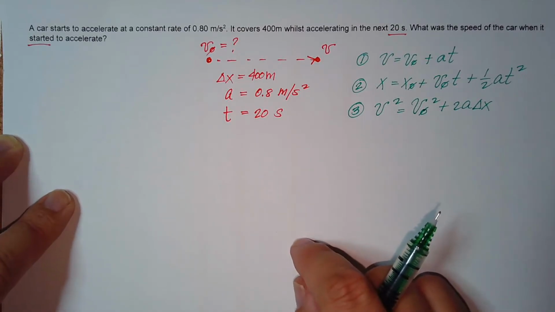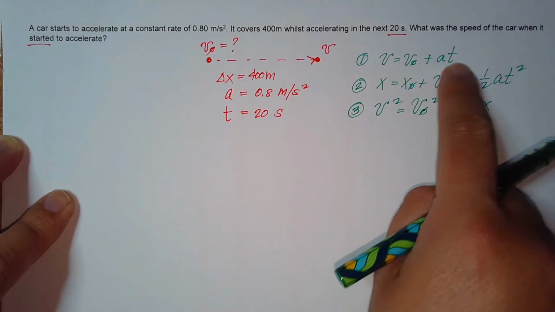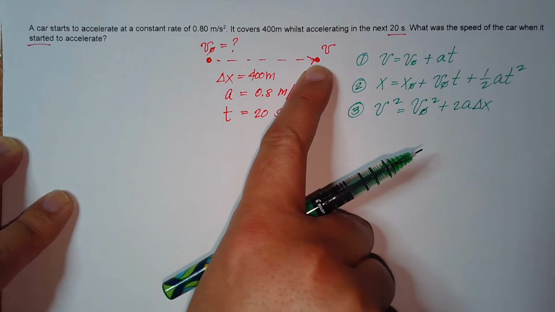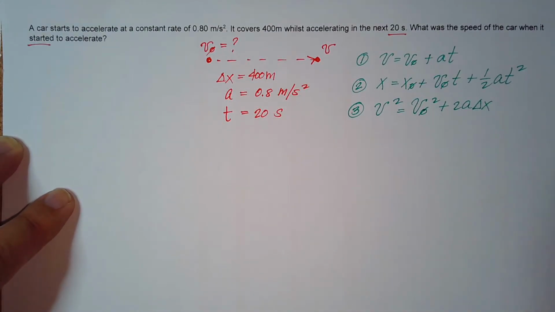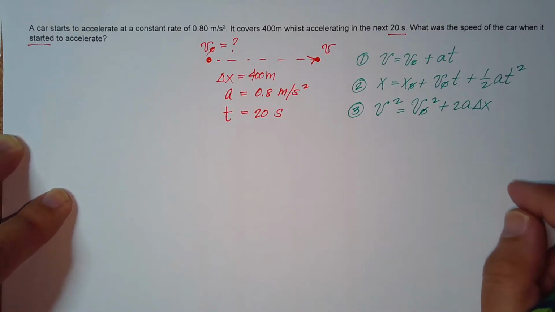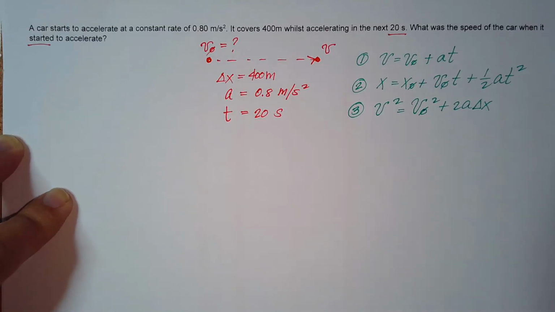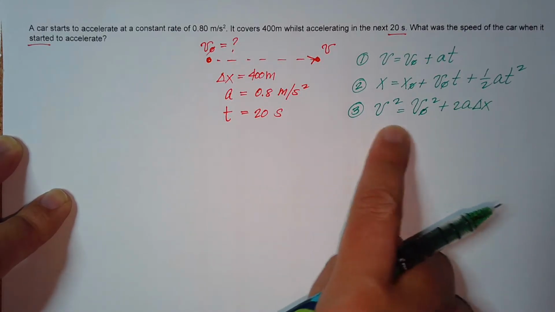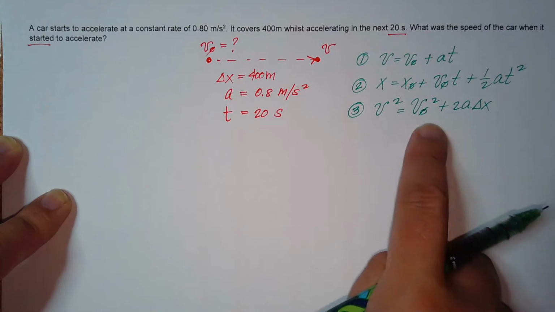If I analyze the first equation, v equals v naught plus at, I'm not provided with v, but I can solve for v. But why take on the burden of solving for additional information I might not even need? Let's look at a different equation, v squared equals v naught squared plus 2a delta x.